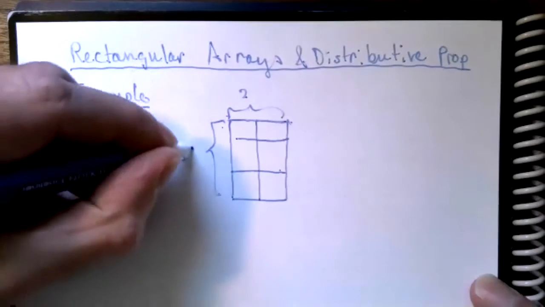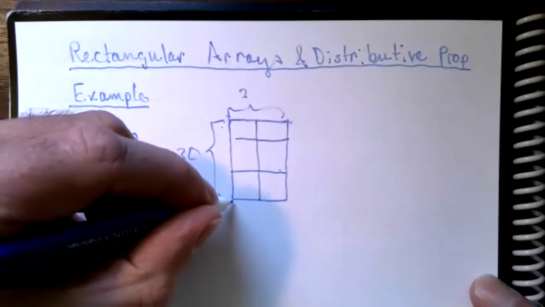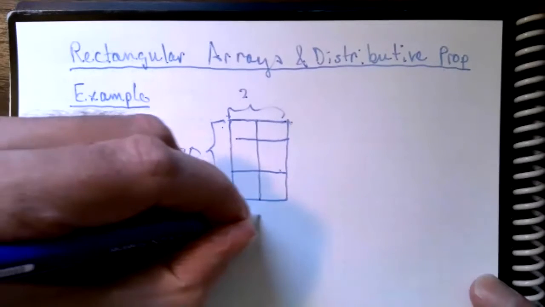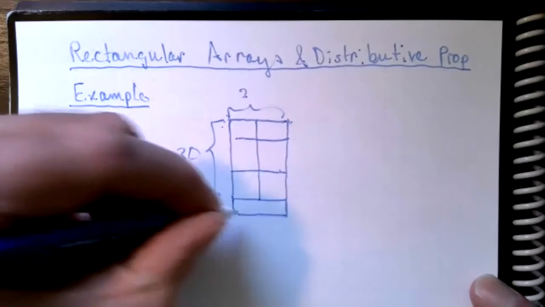Okay, so this is representing 30, 3 groups of 10. And down here, this is representing 4.